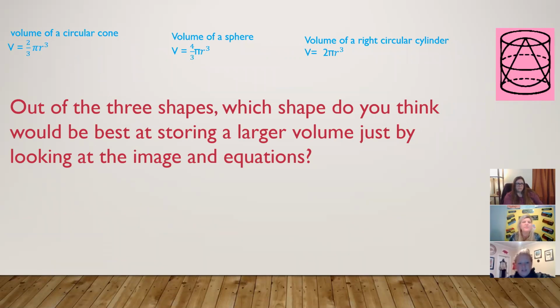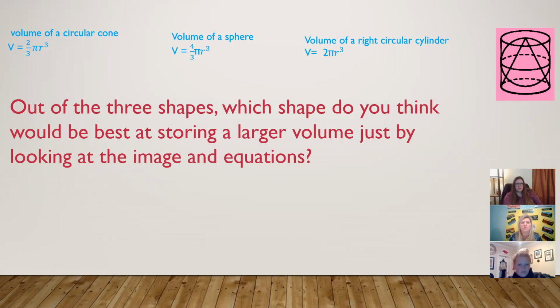So Danielle, out of the 3 shapes, which shape do you think would be best at storing a larger volume just by looking at the image and the equations? Okay. So y'all have explained how to use the formulas and to find the ratio, and the ratio really helps. If we were just looking at this at a glance, we weren't trying to find the ratios, we were just trying to figure out which one's bigger. You can obviously look at the picture and tell that the cone and the sphere fit inside the cylinder, so those are going to be smaller.